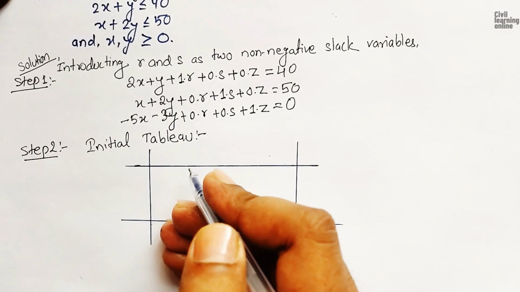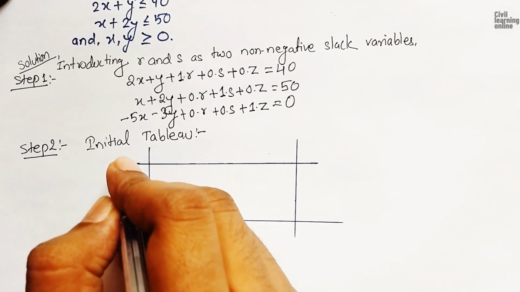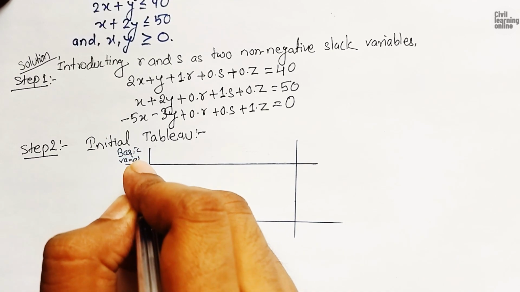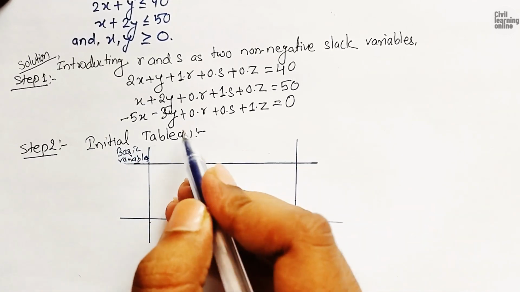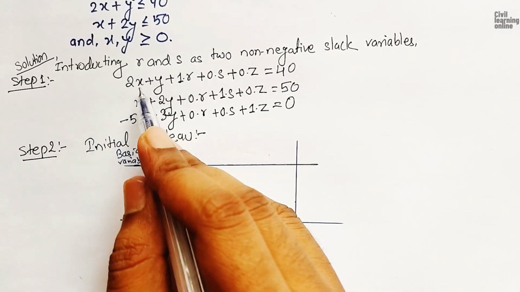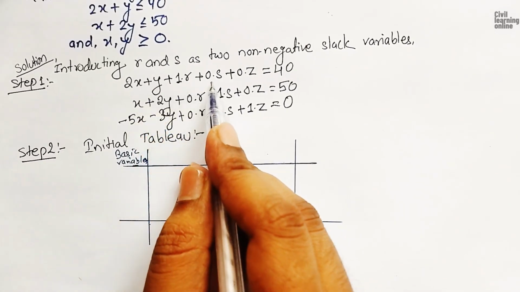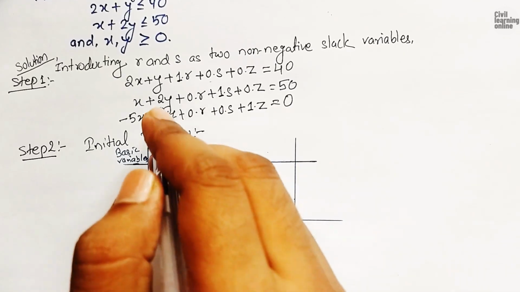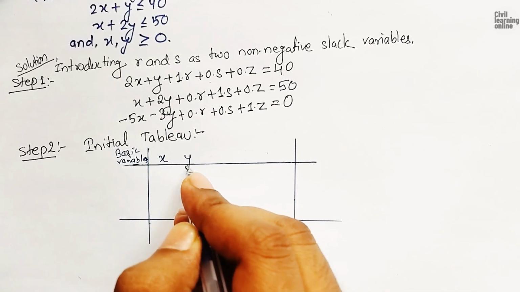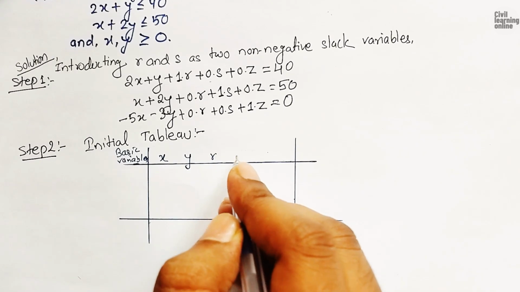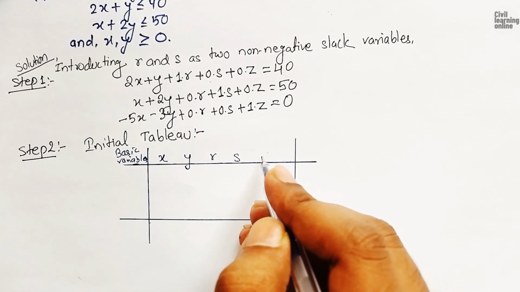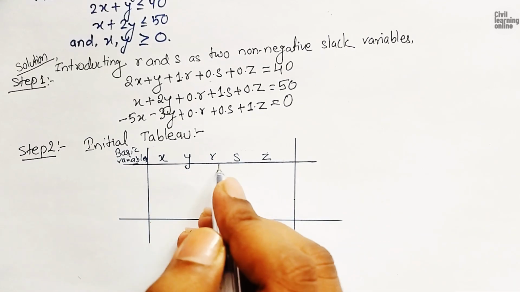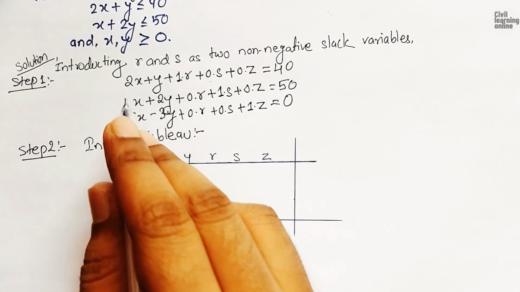So this type of table you need to draw. Here we will write basic variables, and we will copy the unknowns or the variables present in each and every equation sequentially. So here we have x, y, r, s and z, and beneath the variables we will write down the coefficients.